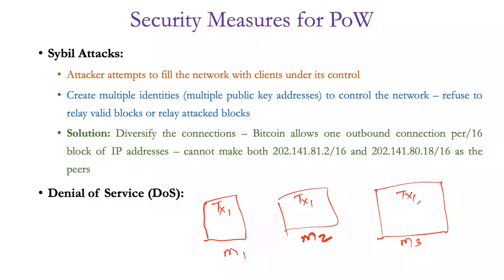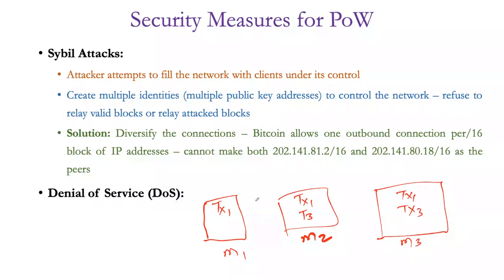Suppose miner 3 is trying to announce its own transaction. So let us assume transaction 3. Transaction 3 is received by every user in the network, and miner 3 is placing its own transaction in the block.